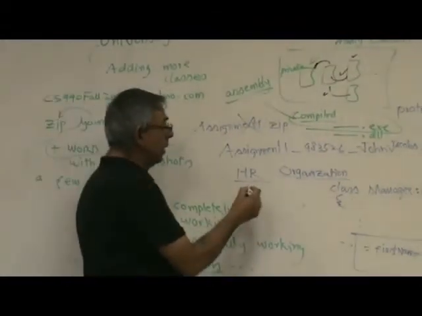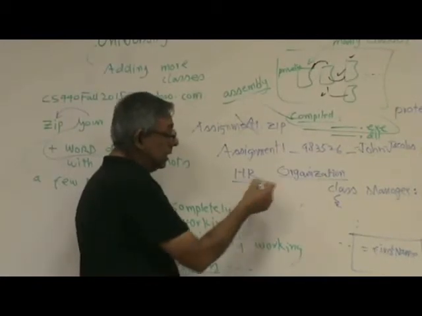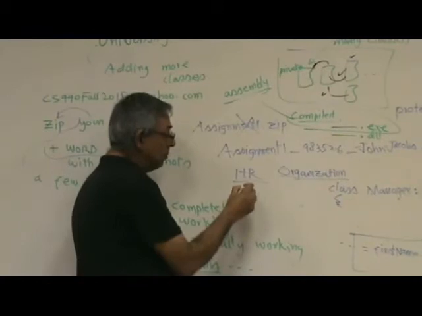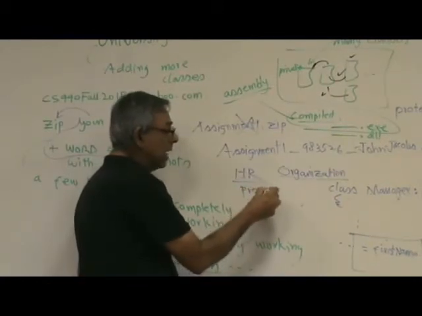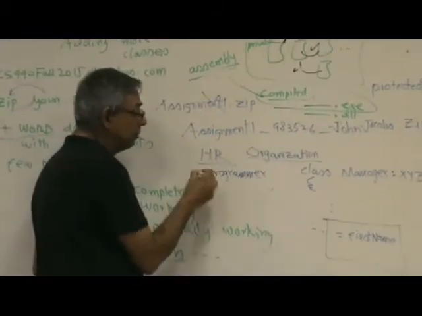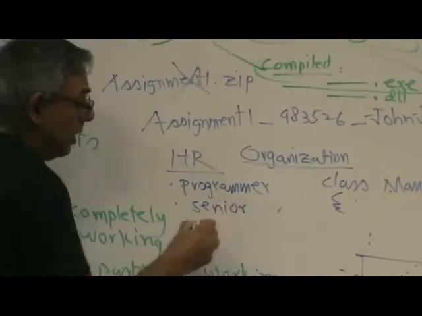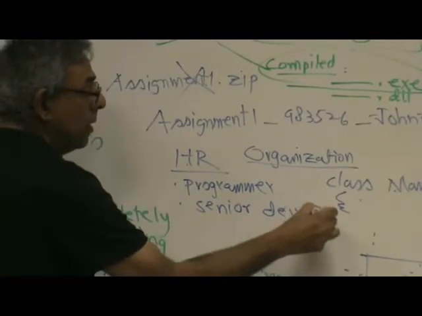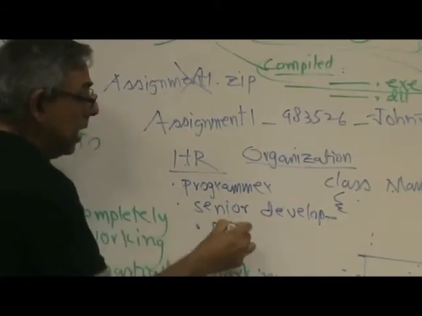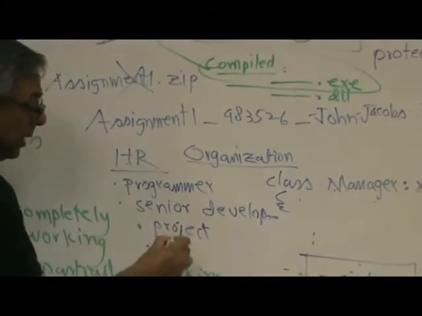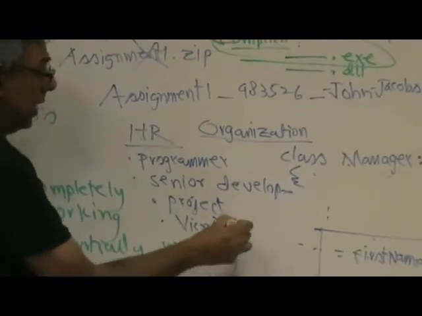So starting from, let's say this is a technical organization, there might be, for example, a programmer as one of the jobs. There might be a senior developer. There might be a project manager. There might be a vice president of a division, and so on.